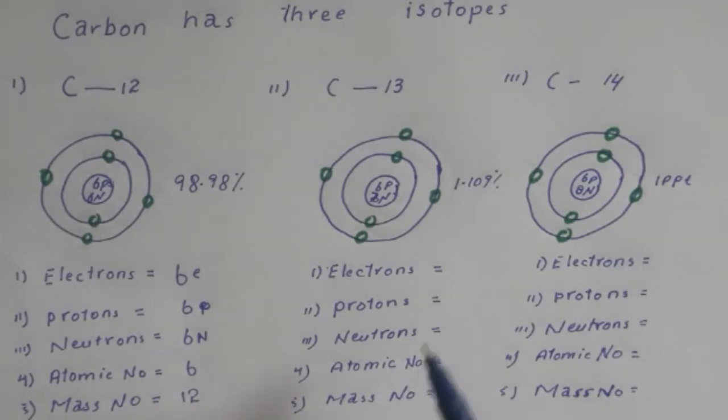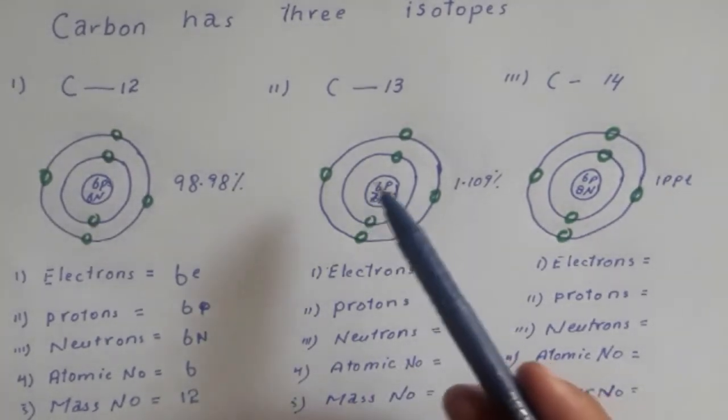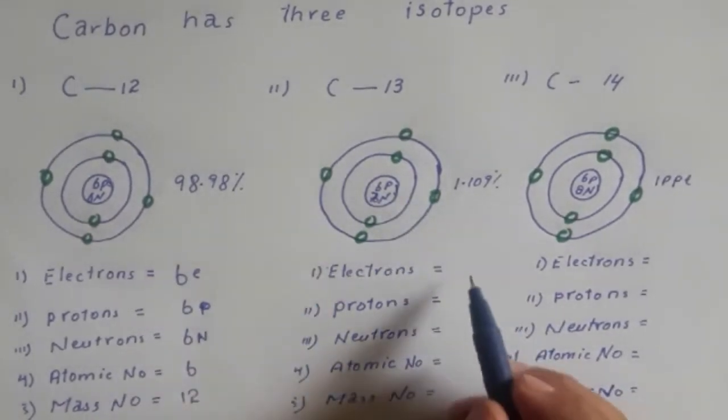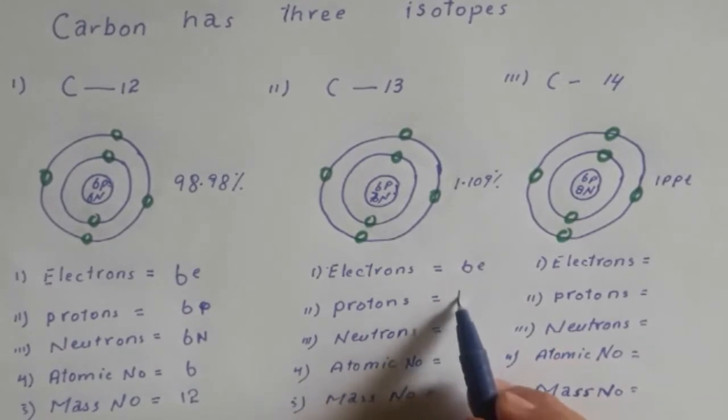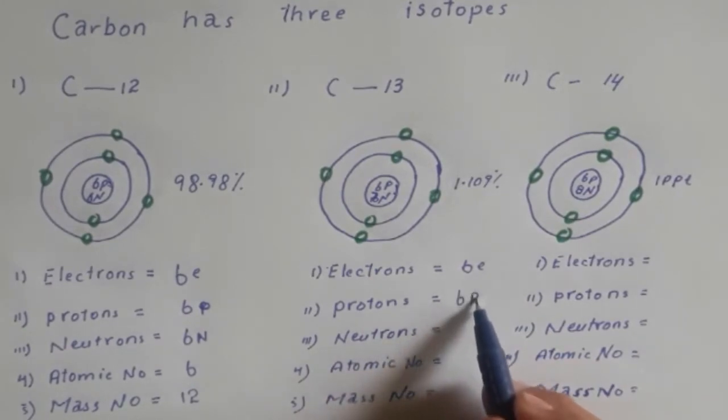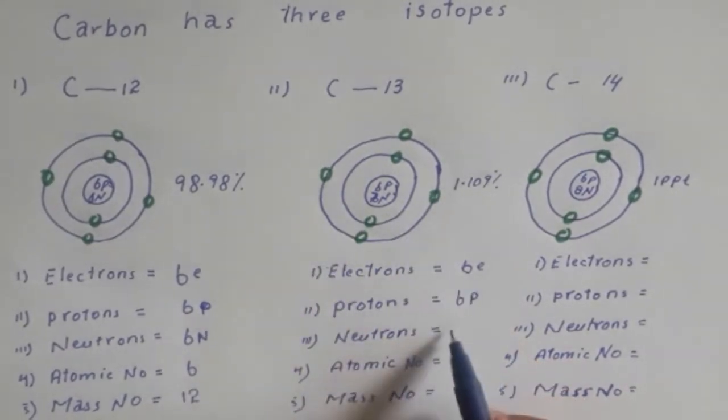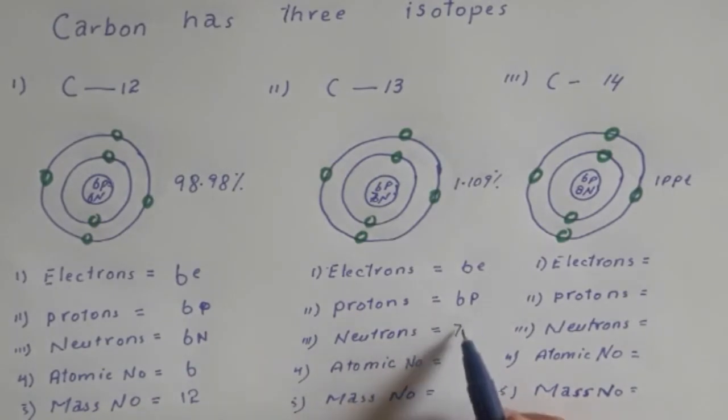Similarly, the isotope carbon 13: the number of electrons present in the shell is 6 electrons, 6 protons present in the nucleus. The number of neutrons here is 7 in case of carbon 13.